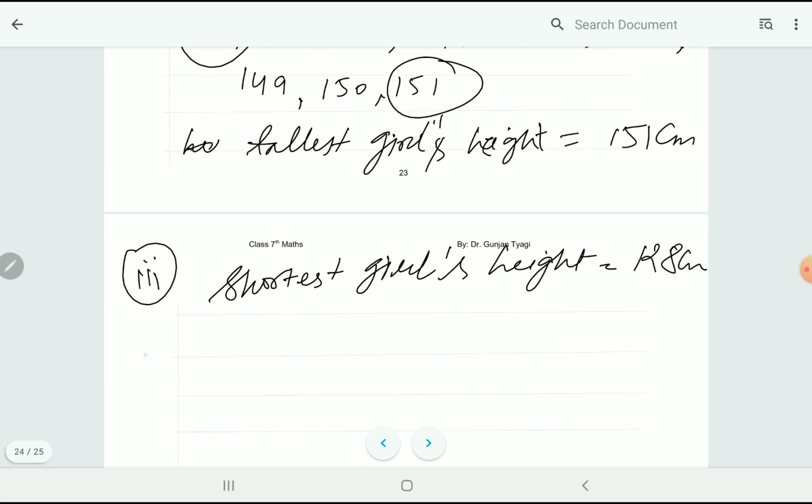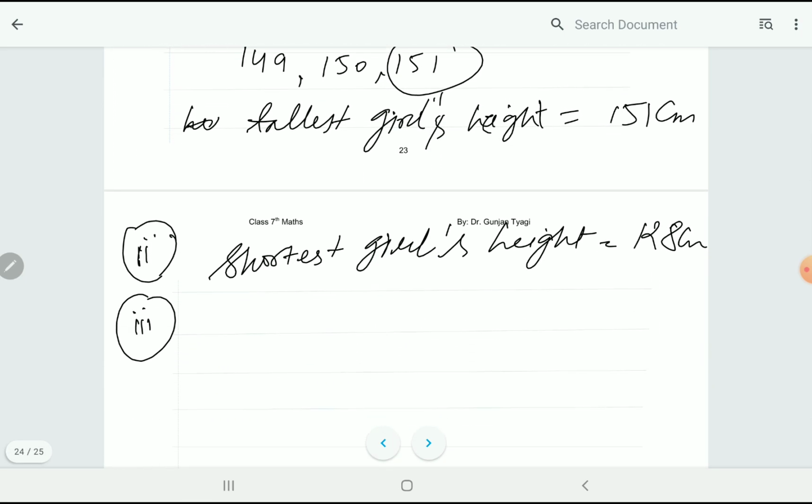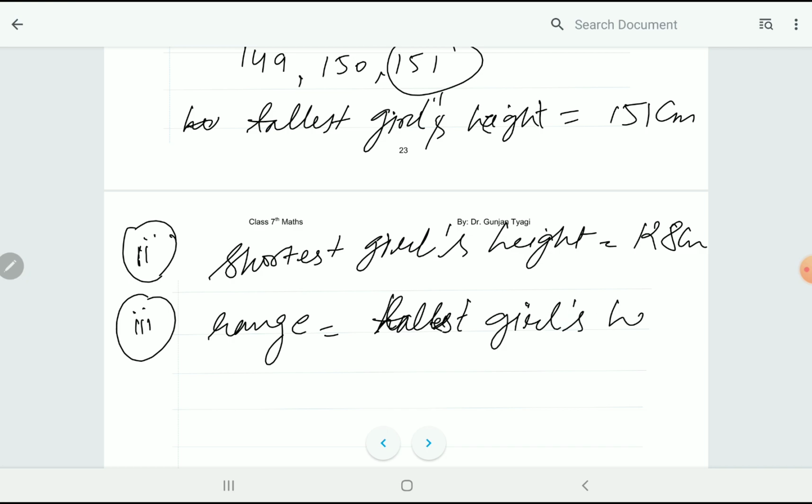Let's do the third part. The third part is, what is the range of the data? Range is basically the difference between the highest and the lowest values, so range is equal to the tallest girl's height minus the shortest girl's height.